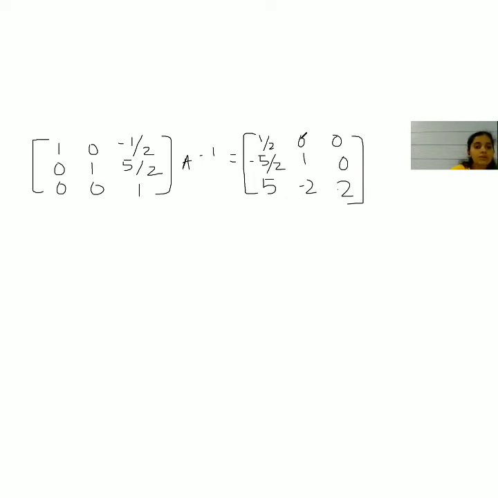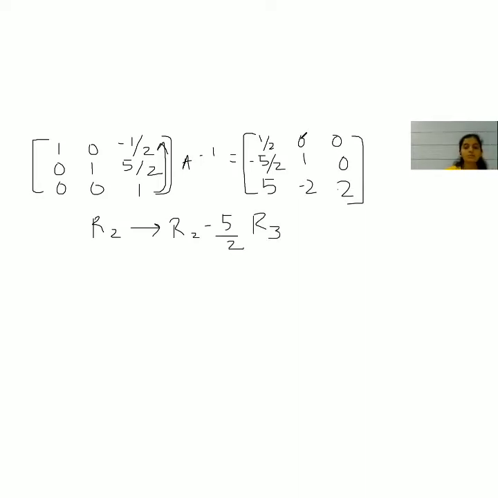Now the next step, we'll make these two elements 0. So 5 by 2 has to be made 0. What can we do to make that 0? We can say that R2 changes to R2 minus 5 by 2 R3. Now R3 is 1, right?